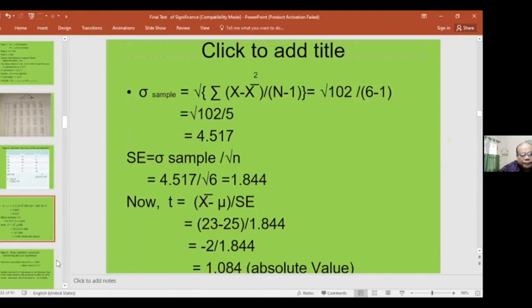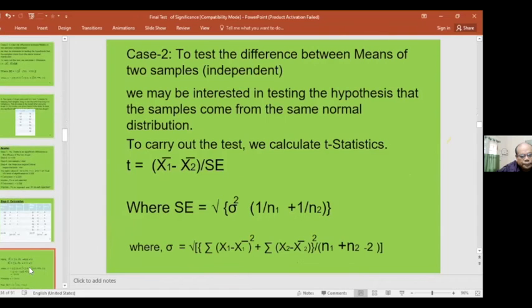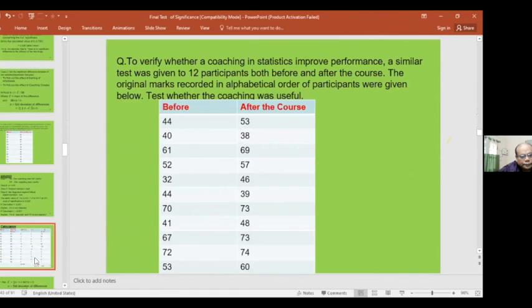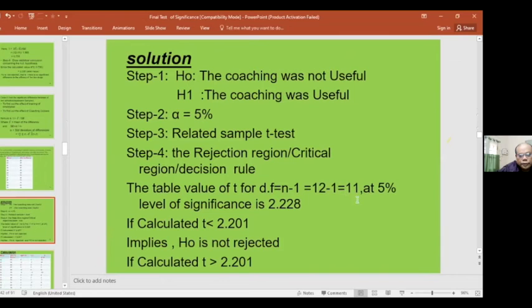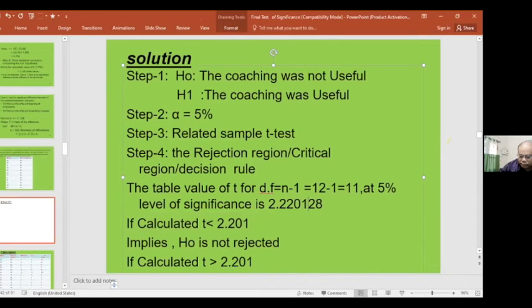You can easily refer to it. If the calculated value is less than the table value, accept the hypothesis, or it is not rejected. If the calculated value is greater, reject the hypothesis.